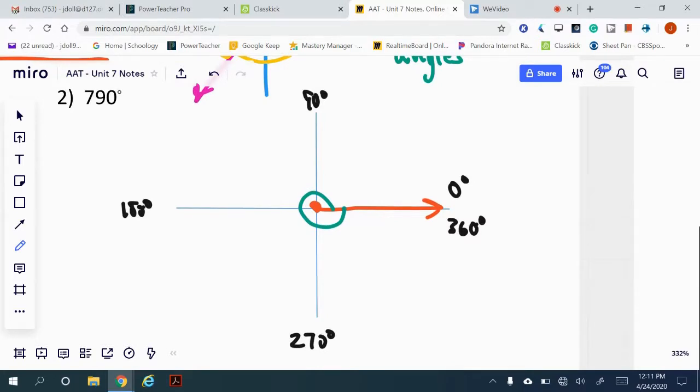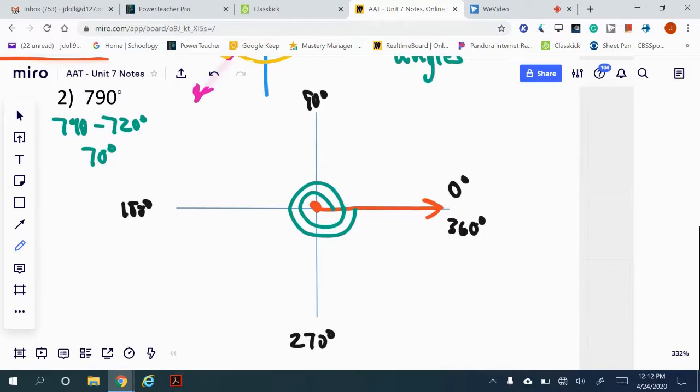That's 360 degrees. I'm going to rotate again. Well, that's 720 degrees. So I have now covered 720 of the 790 degrees. So the question begs, how much more do I need to rotate to get to 790? Well, 790 minus the 720 I've already rotated leaves me with a 70-degree angle.